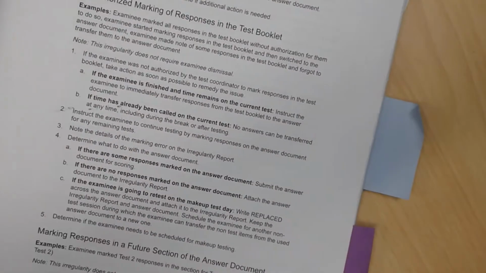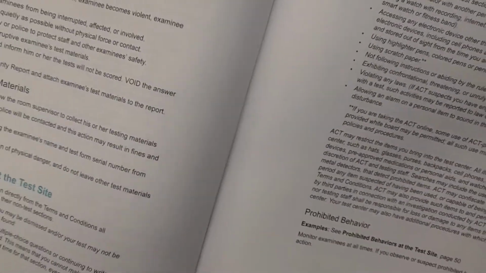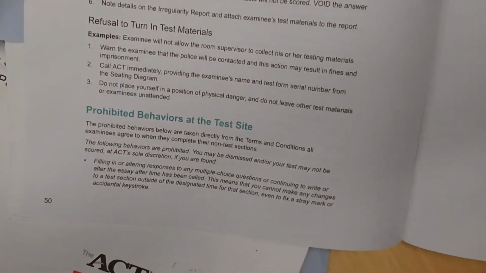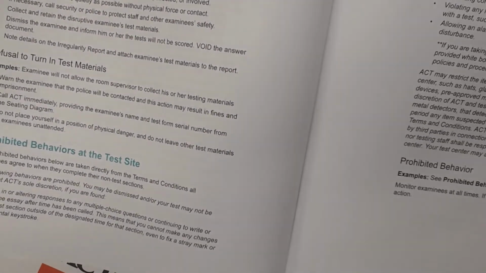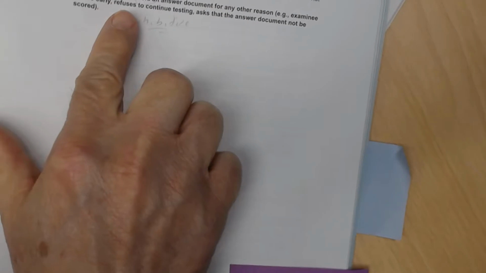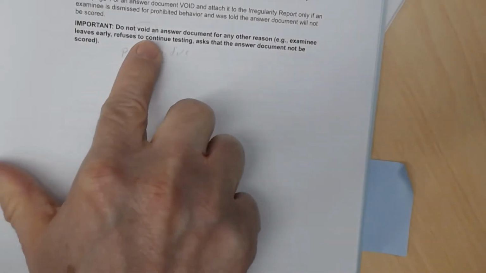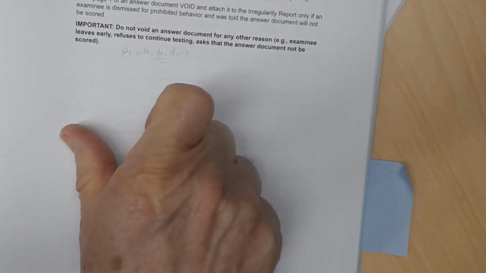All right, so if I go to page 50, there is a part that talks about prohibited behaviors at the test site. Now, just to remind you, remember for the irregularity report, do not void an answer document for any other reason other than prohibited behavior.